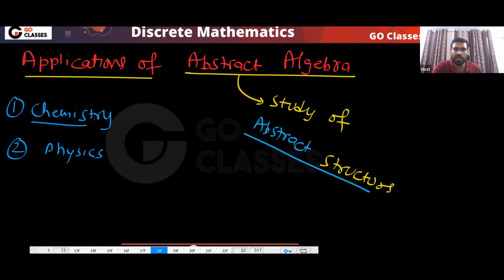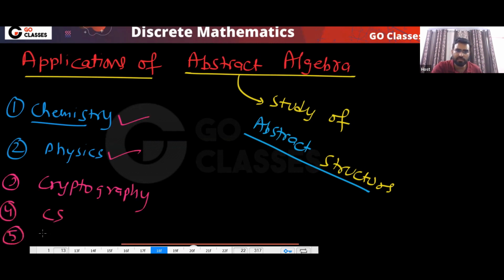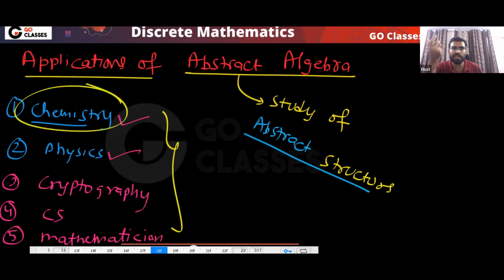So chemistry people, physics people, cryptography people, computer science people, mathematicians, whatever name you give, in every field, people will study abstract algebra. Okay, whatever field you take.